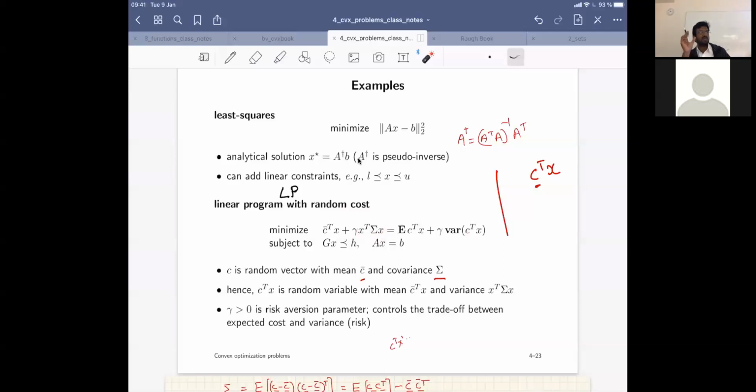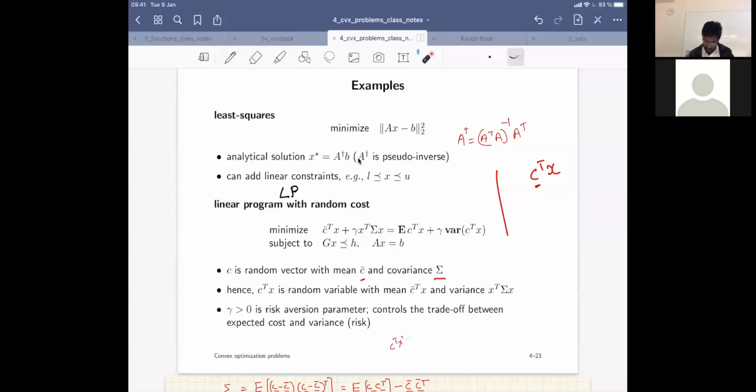So we are modifying our original diet problem, which had a fixed cost, by adding randomness to the cost. In that case, one better way of solving this is to add variance. But when you add variance to the objective function, our LP is no longer an LP, it's a quadratic program.